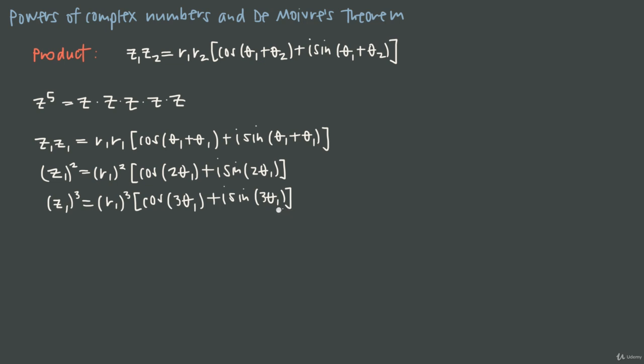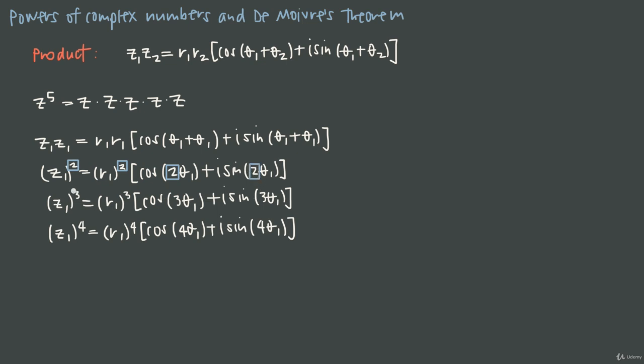And if we were to keep going and we find z sub 1 to the fourth, we want to find the fourth power, we'll get r sub 1 to the fourth cosine of 4 theta sub 1 plus I sine of 4 theta sub 1. And so hopefully what you're starting to see is that if we raise this complex number to the power of 2, we're going to be raising r to the power of 2, and we're going to get a coefficient here on the angle of 2.